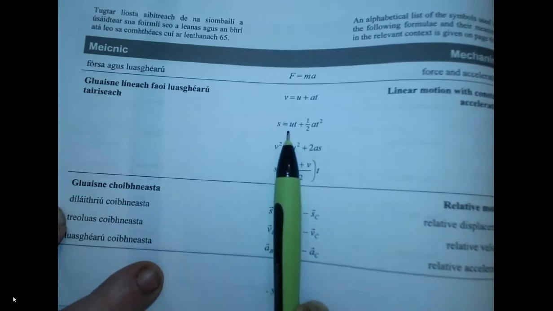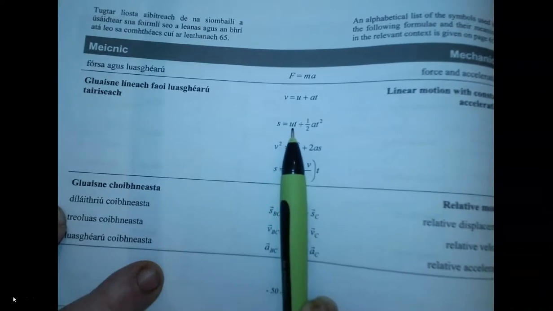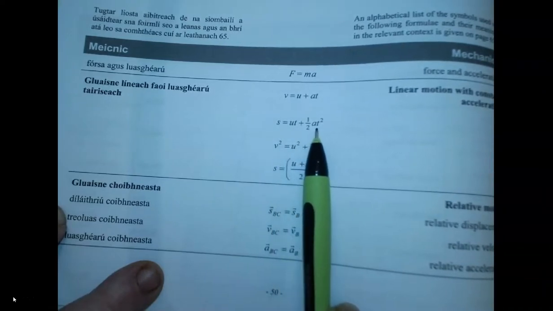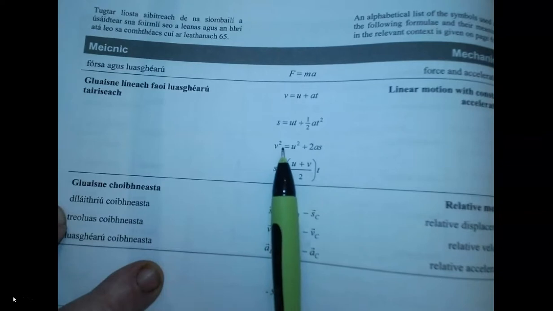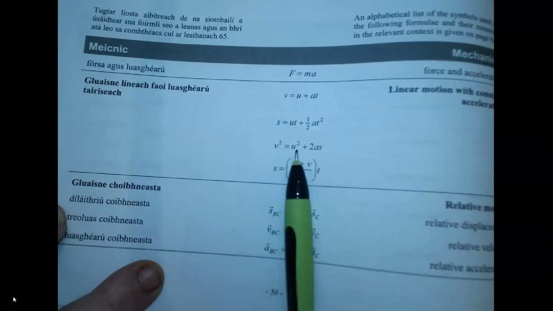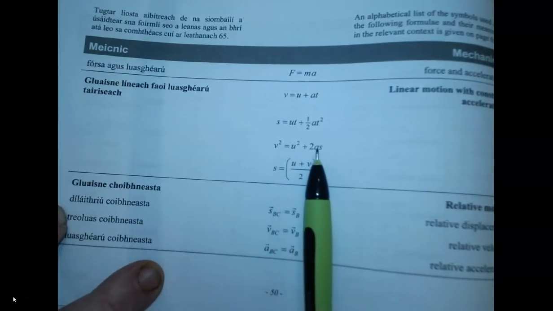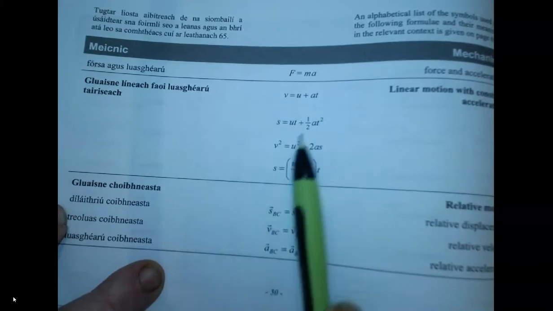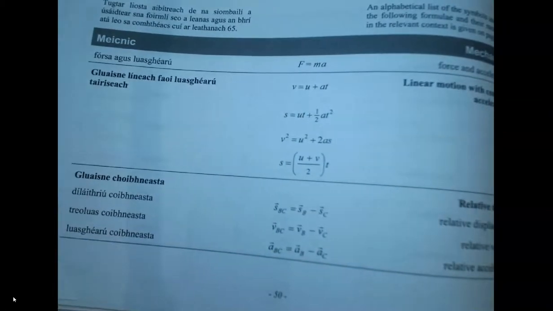Then s equals ut plus a half at squared: the distance, or displacement, is the initial velocity by the time plus a half acceleration by time squared. And v squared equals u squared plus 2as: the final velocity squared equals the initial velocity squared plus twice the acceleration multiplied by the distance. They're always there if you need them, and of course you'll have the maths tables in your exam.